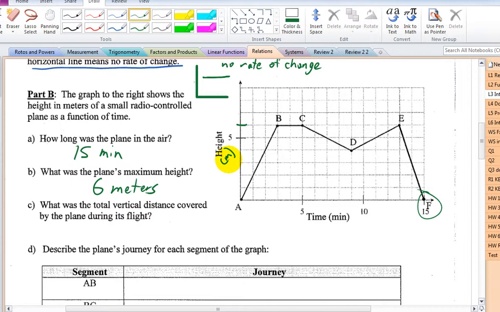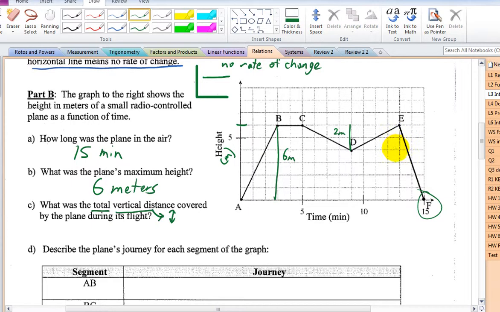Units always go in brackets. Okay. What's the total, underline total, vertical distance? So vertical is up and down distance. From A to B, what's the total vertical distance? 6 meters. B to C, any change? No. What about C to D? 2.